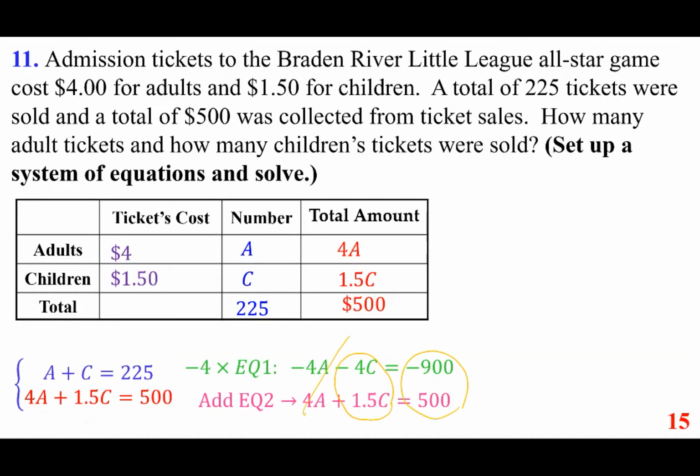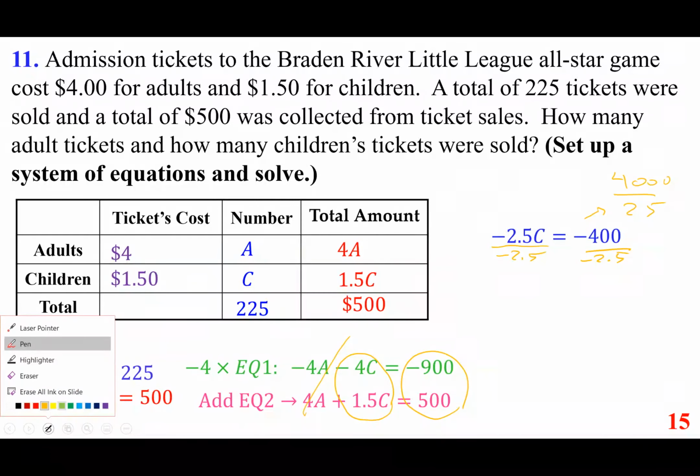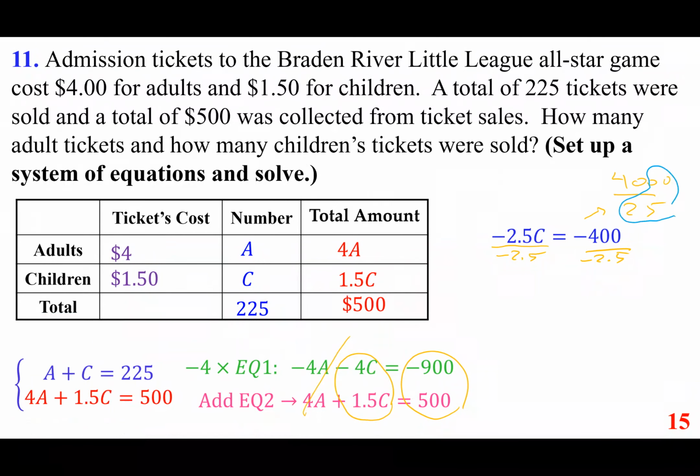And they add up to negative 400. Divide by negative 2.5, and the negative over negative cancel each other. By the way, this 2.5, you change it to 25, and the top is 4,000 now. I hope you know that. Two zeros corresponds to 100, divided by 25 is 4.